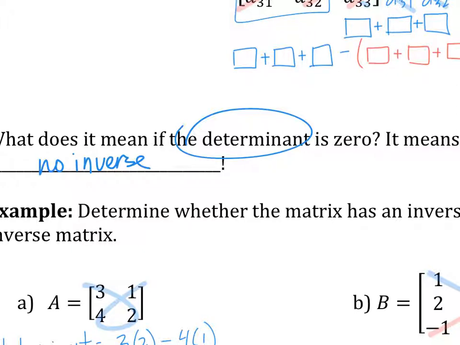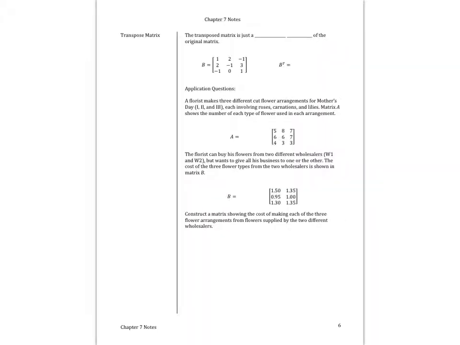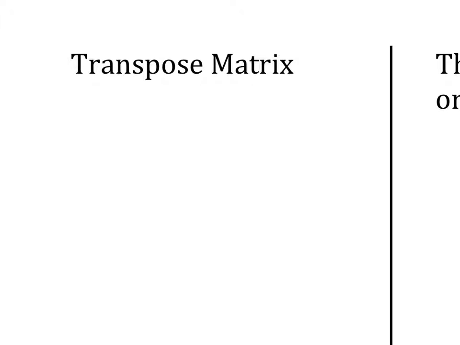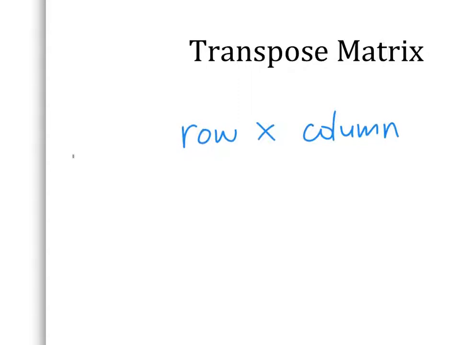Okay? All right. Last thing we're going to do, which we still need to use our calculator for, is we're going to transpose a matrix. Transposing a matrix is very easy. If you have a row by column matrix and you transpose it, that means you put this T on top of it.